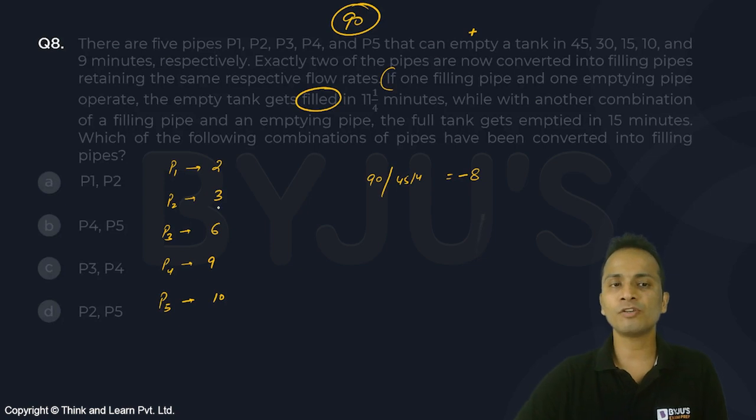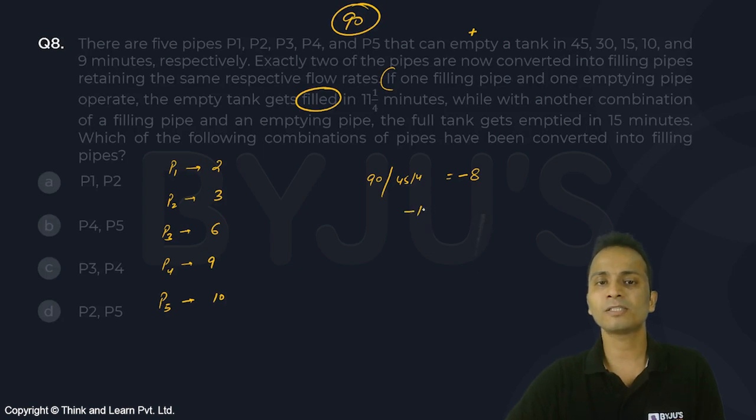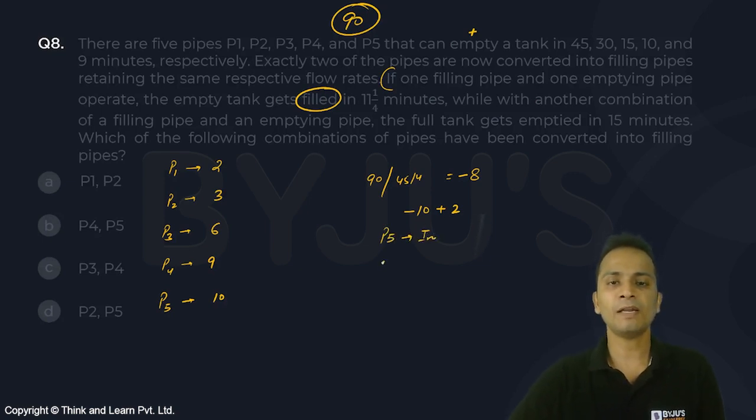Now, with a combination of these five numbers and a combination of plus and minus signs, how can I make minus 8? It can be written as minus 10 plus 2. That means P5 acts as an inlet pipe and P1 acts as an outlet pipe, and then the tank will get completely filled in 11 1 by 4 minutes.